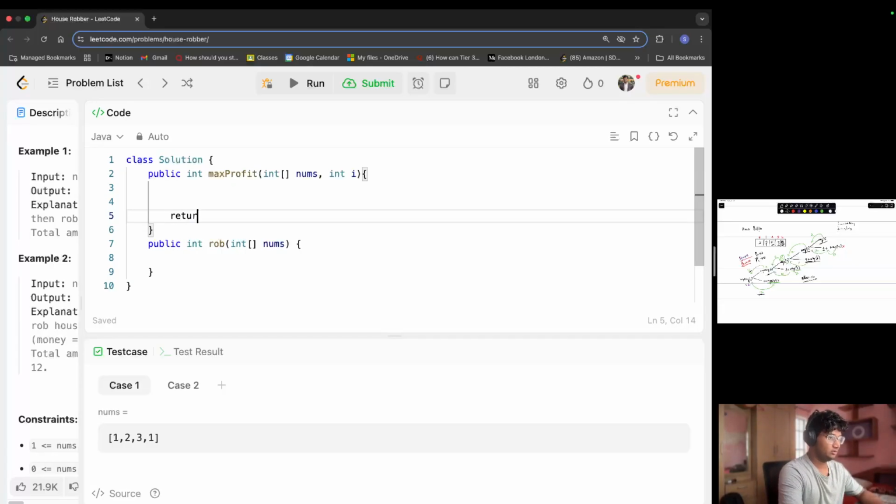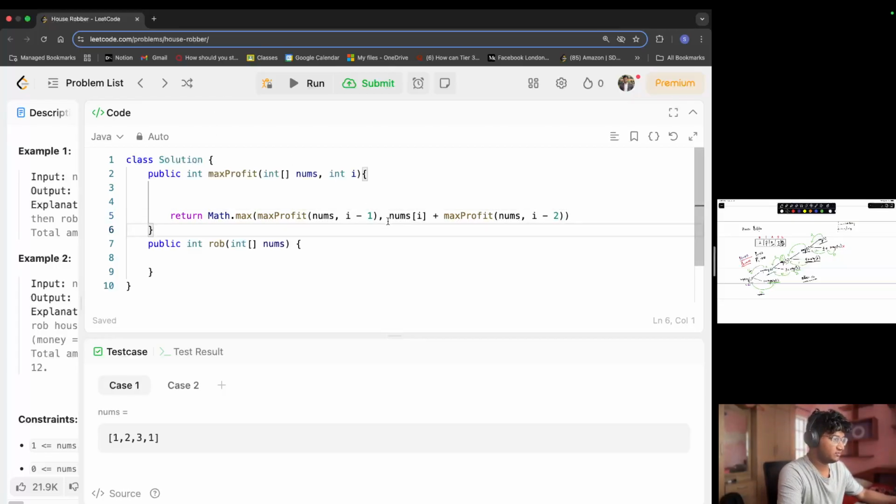So we're going to return math.max of, first possibility, max profit of nums, i minus 1, that is not picking it, or nums of i plus max profit of nums, comma, i minus 2.